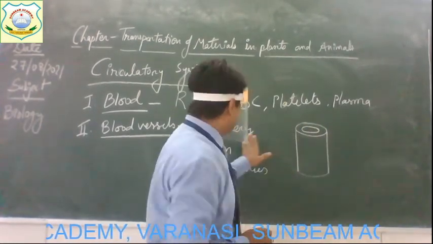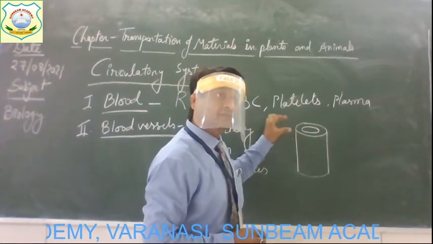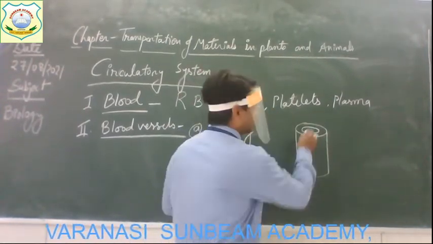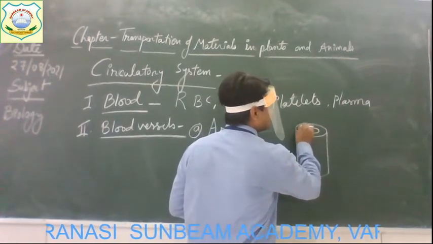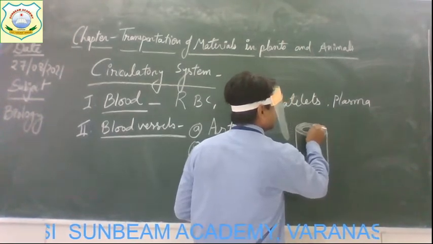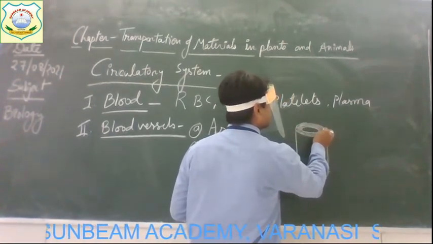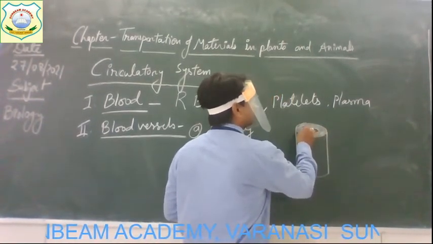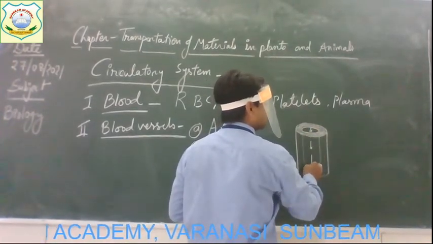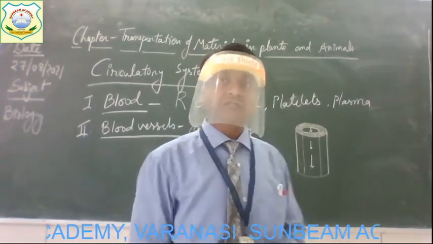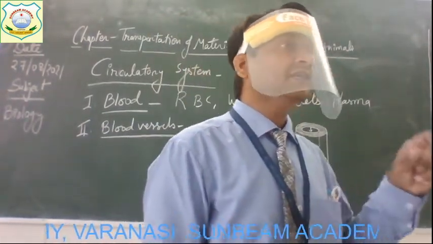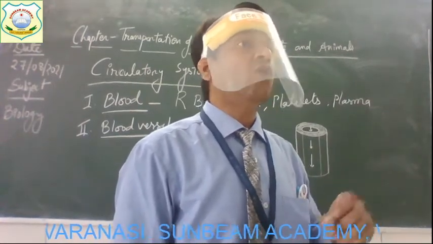The walls of these vessels are thick as compared to veins and capillaries. Suppose this much is the thickness of arteries. One of the important properties of artery is that it has a thick wall.